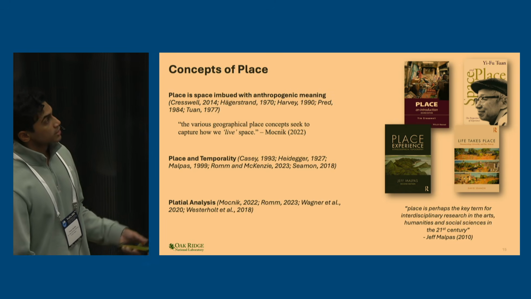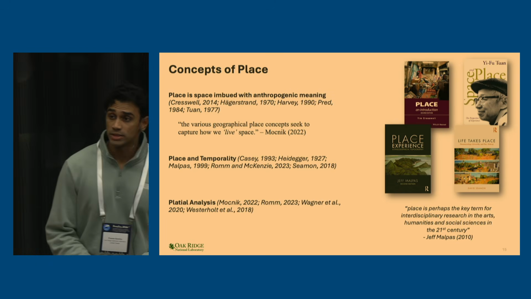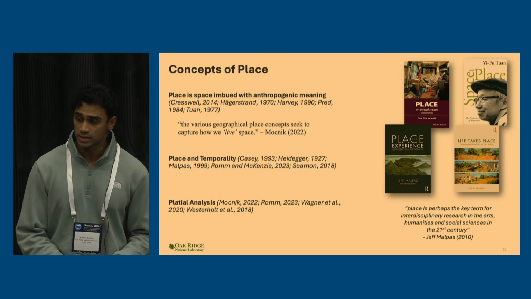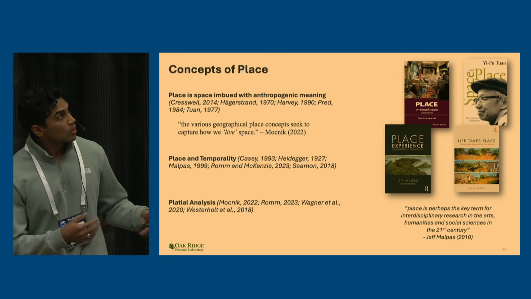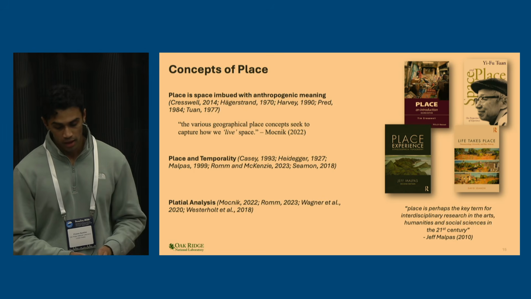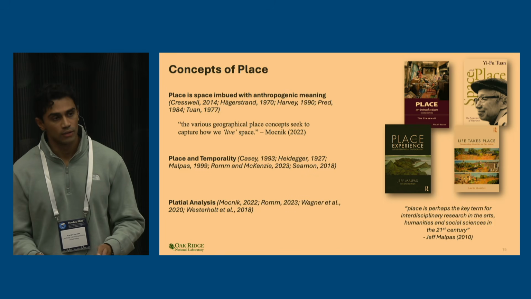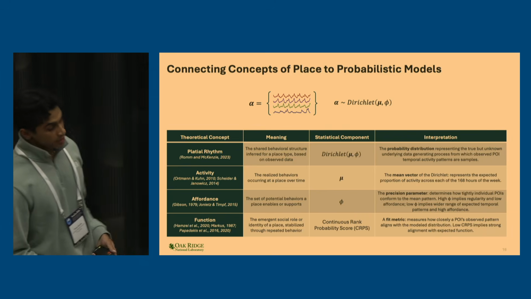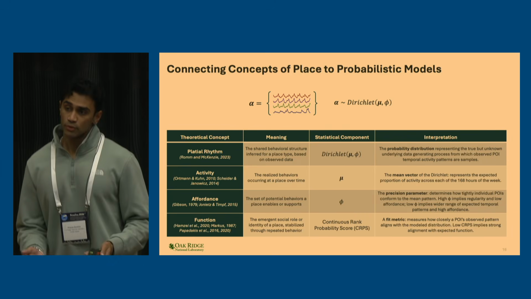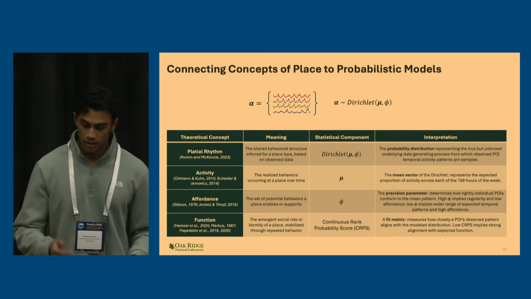This is where the concept of place comes into play. It turns out that there's deep literature on what a place is and the temporality of a place. We want to leverage this qualitative concept of place and then tie it to the parameters of a Dirichlet distribution, which looks something like this. So the rhythm itself is modeled by a Dirichlet distribution.